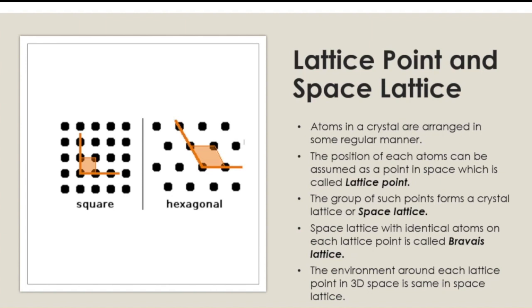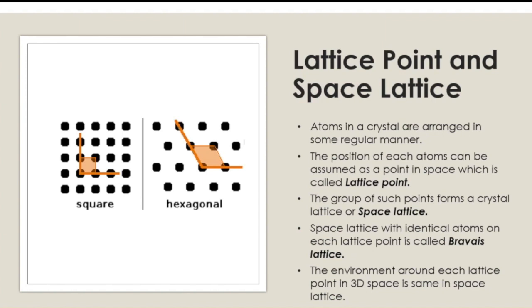If this space lattice has identical atoms everywhere on each lattice point, then this space lattice will be called a Bravais lattice. The environment around each lattice point will be the same everywhere. So if you choose any point in the space lattice, then the surrounding will be the same.